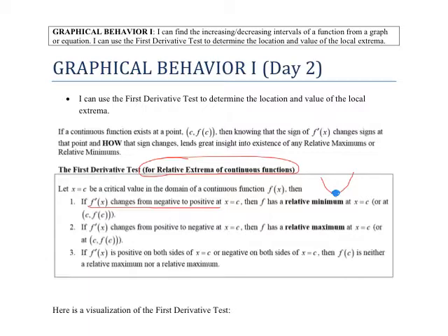Similarly, if we go from positive to negative, we have increasing behavior to decreasing behavior, and that identifies the location of a relative maximum.